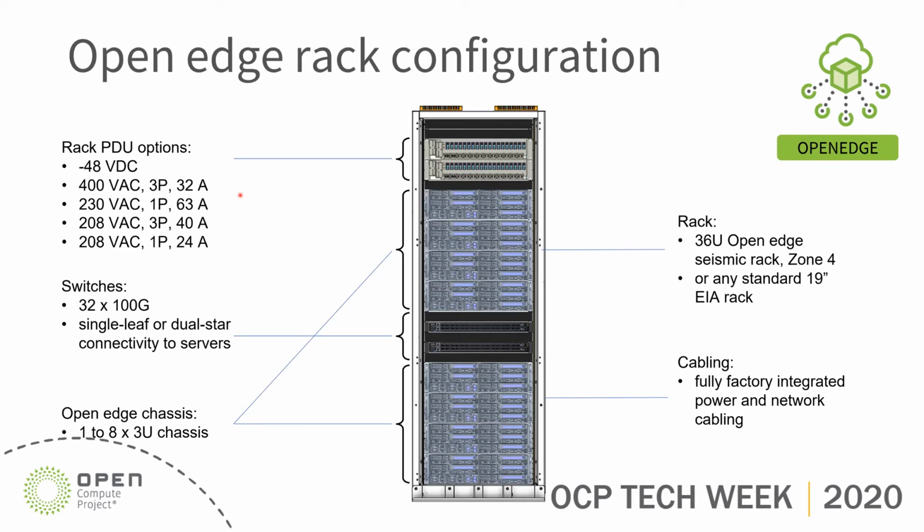Those PDUs can pretty much feed an entire rack, except for maybe the last one here, which is limited in power feed capacity. But anyway, it is supporting the regions where one phase is a requirement and 200 volts is a requirement. Again, for example, Japan.